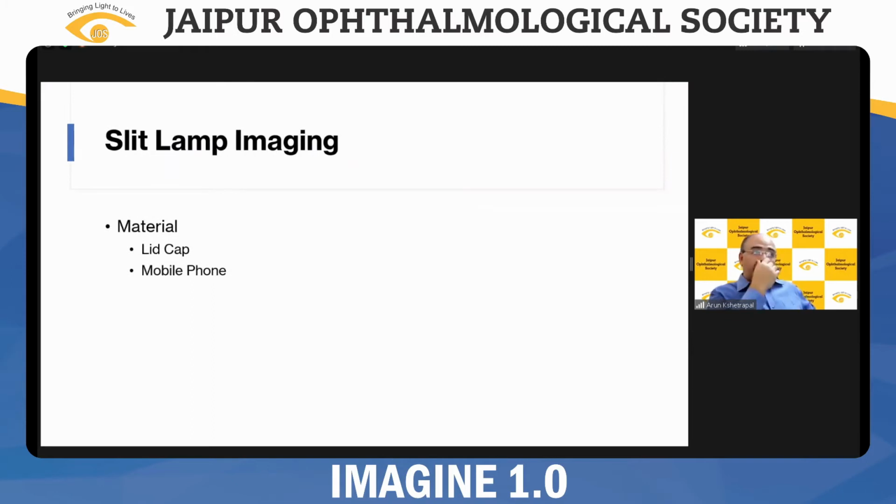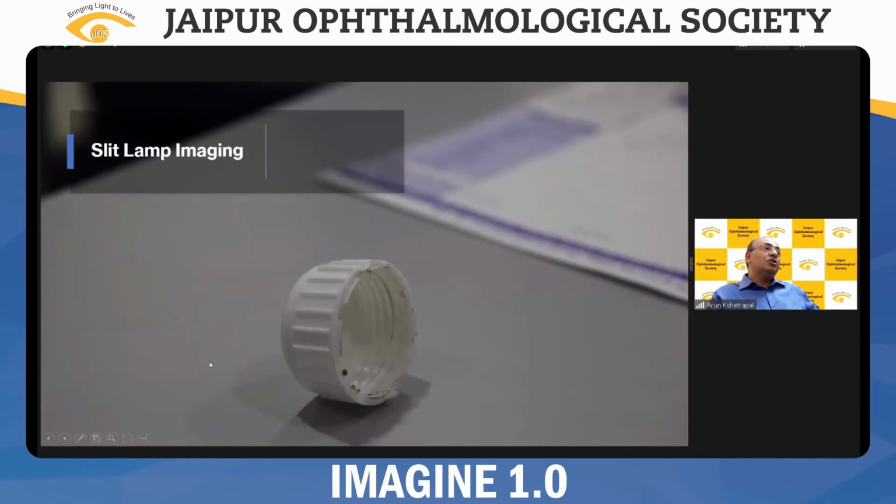What I use is a very cheap thing. All you need is a lid cap and a mobile phone. Everybody has a smartphone with them. What you need is a cap, something like this, which fits onto the eyepiece of your slit lamp.